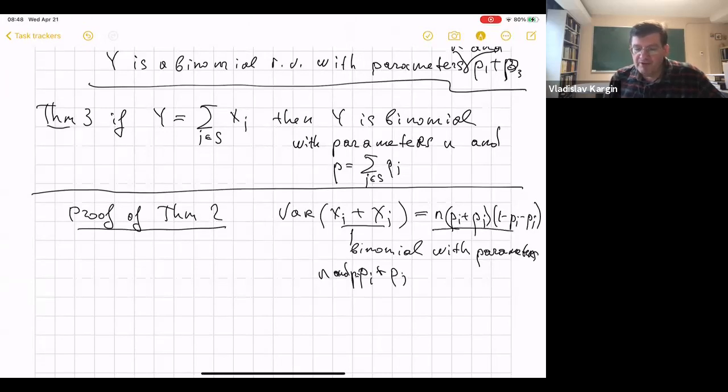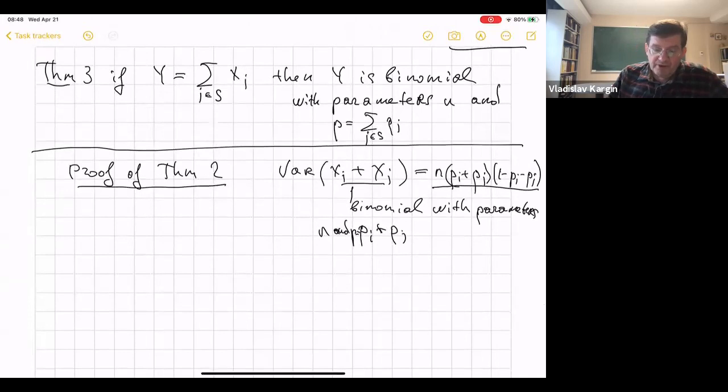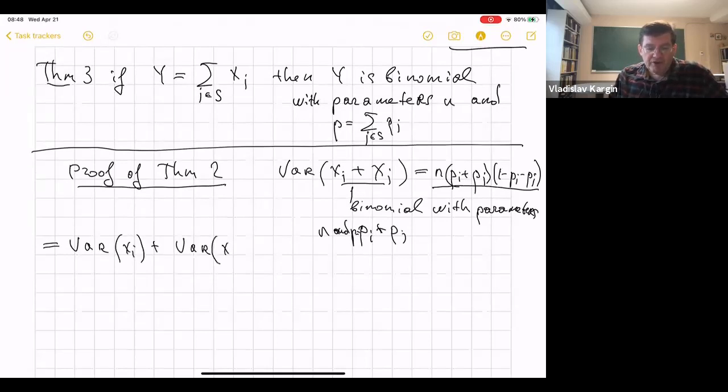So this is the variance of a binomial random variable with these parameters. On the other hand, it's the variance of the sum of two random variables, and we studied recently how to calculate the variance of the sum of two random variables. We know that it should be equal to the variance of xi plus the variance of xj plus 2 covariance of xi and xj.